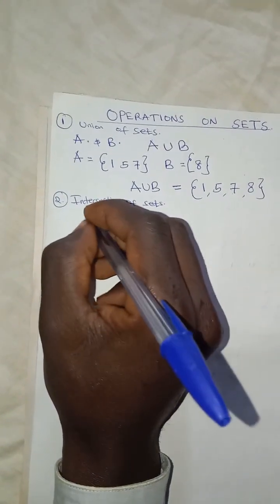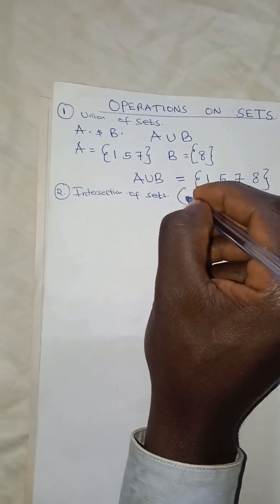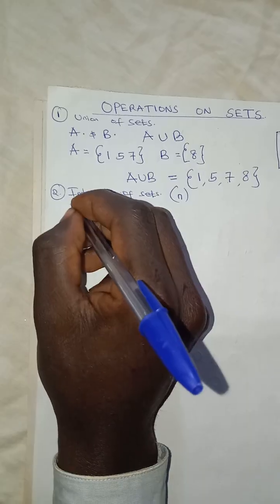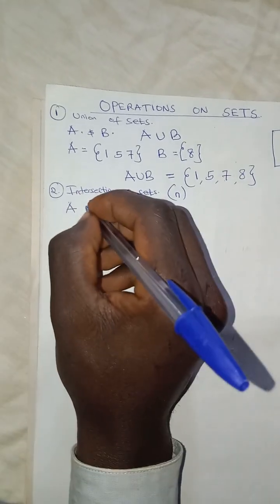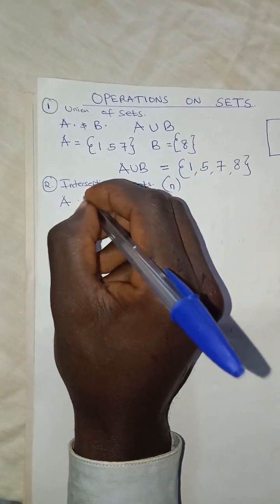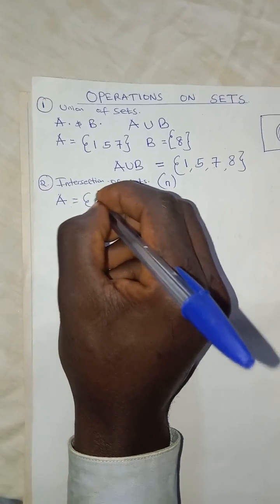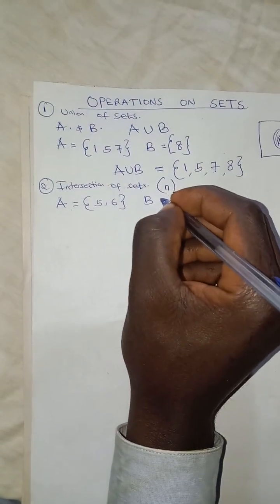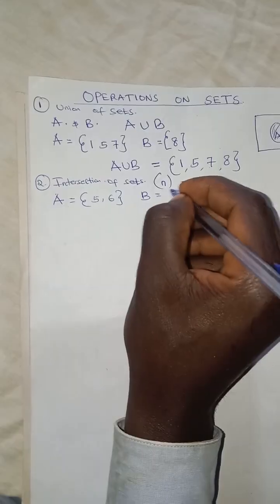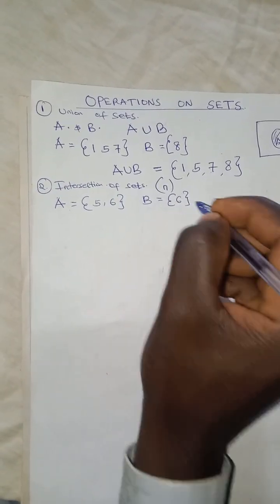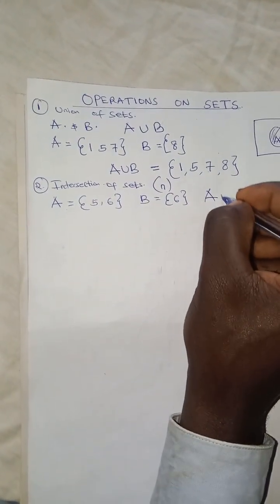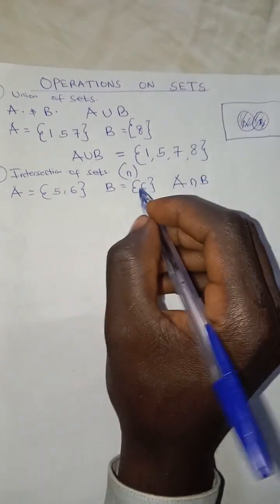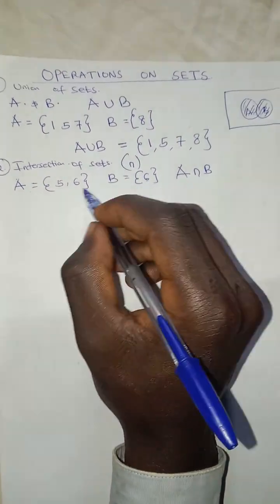For example, the notation for intersection is ∩. Let's say we have a set A to be 1, 5 and 6, and set B to be 6. Then A intersection B is those elements that are both in A and B.